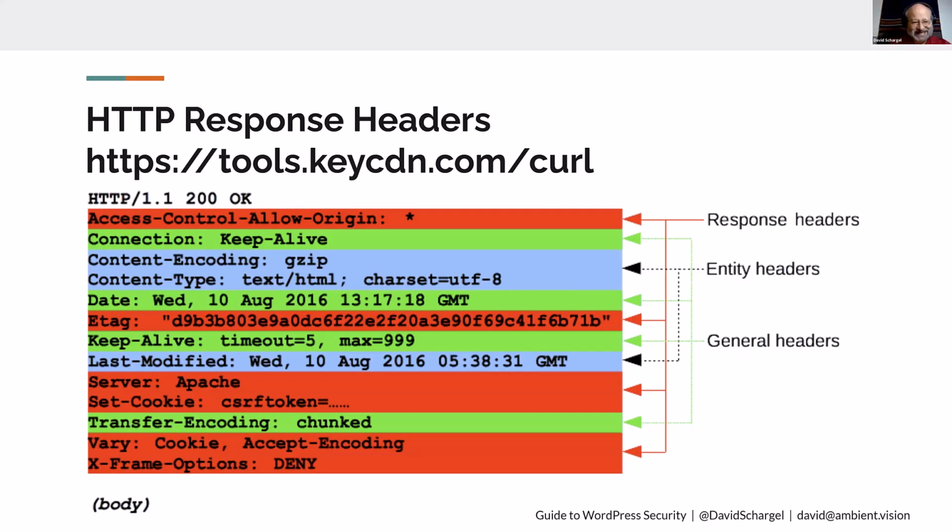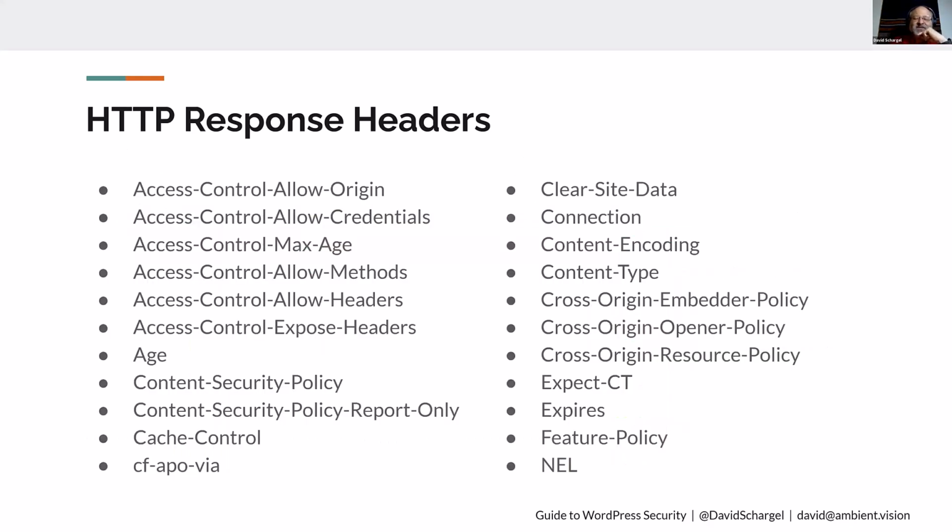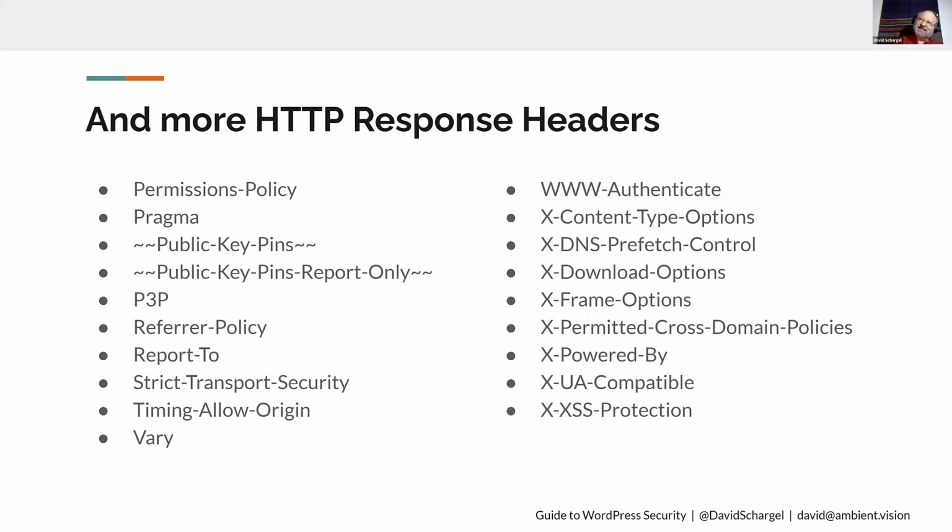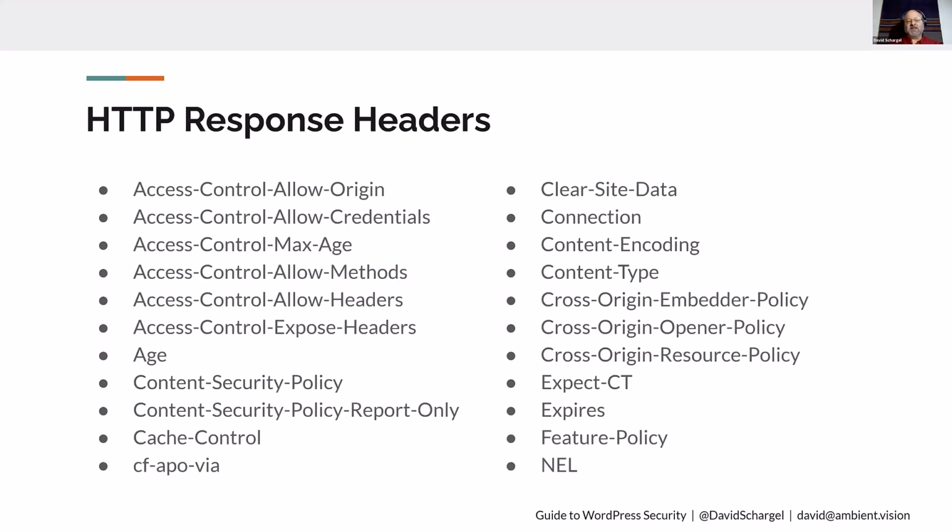So if you've never seen these things before, you can check them out. This starts getting a little technical, and all of a sudden it's like, oh my God, what does that do? And they've got this one, and now everyone's saying you've got to add Feature-Policy and say you don't have this and that, and it just goes on and on and on. There's a whole bunch of response headers that you'll see.